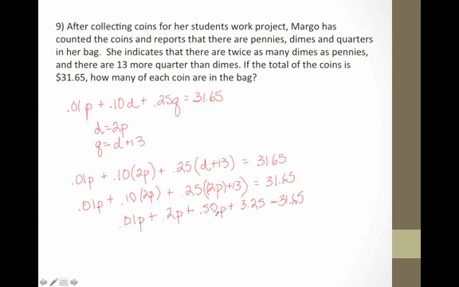I'm going to add all my p's together. I've got 0.71p equals, and I'm going to take my $3.25 away from 31.65, and that's going to be 28.40. And then dividing both sides by 0.71, I know that I have 40 pennies.